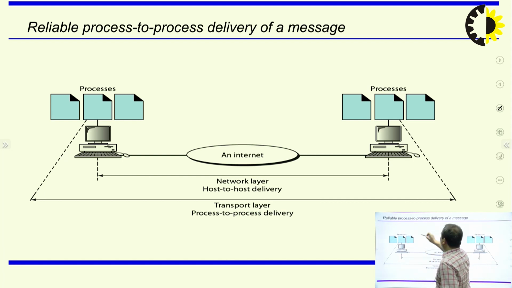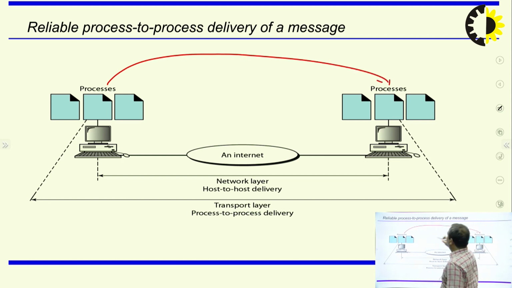So it is process to process communication, from the sender process to the receiver process, because the sender has so many processes and the receiver will have so many processes. This is called end-to-end, and it can be reliable or unreliable. This becomes reliable process to process delivery, and TCP/IP ensures reliable delivery. This is carried out by the transport layer. You can visualize it using this diagram.